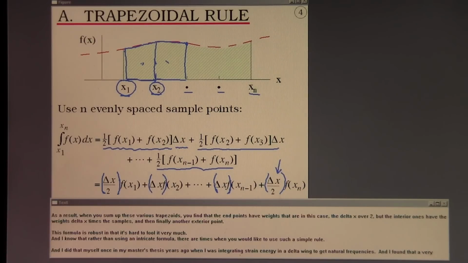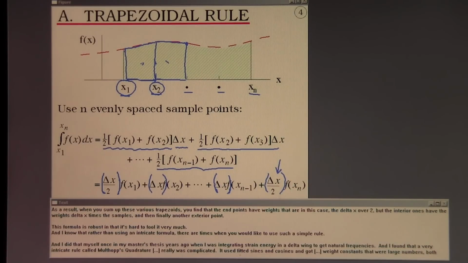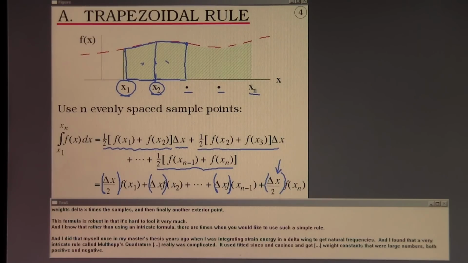This formula is robust in that it's hard to fool it very much, and rather than using an intricate formula, there are times when you would like to use such a simple rule. I did that myself once in my master's thesis years ago when I was integrating strain energy in a delta wing to get natural frequencies.